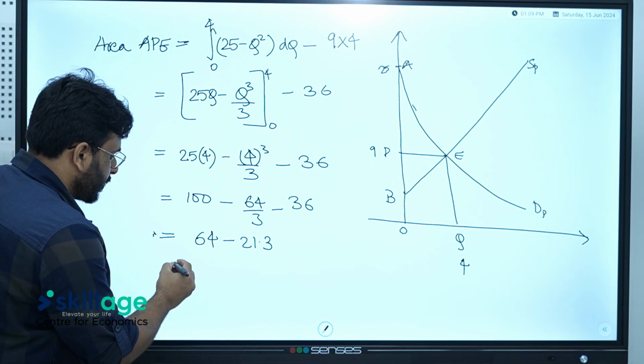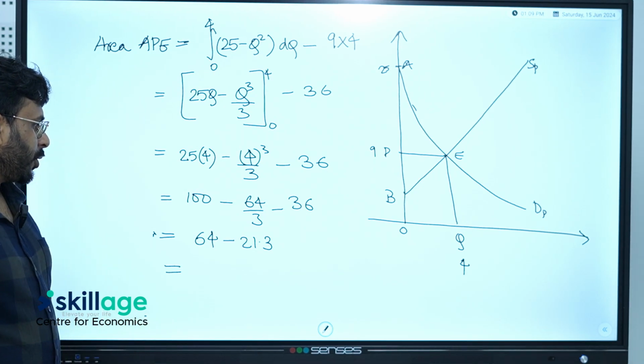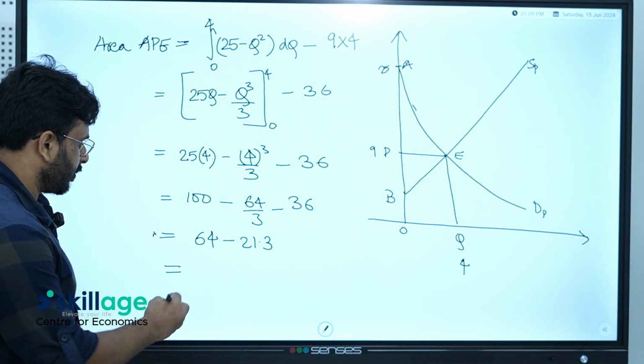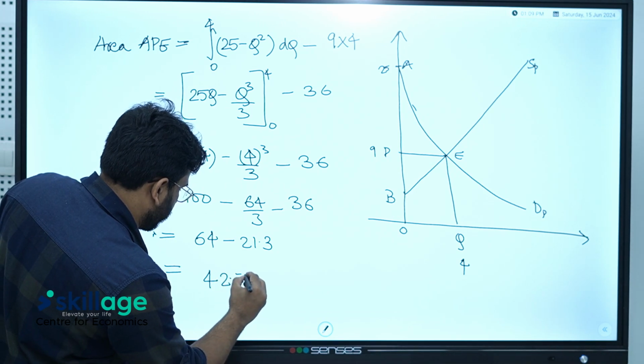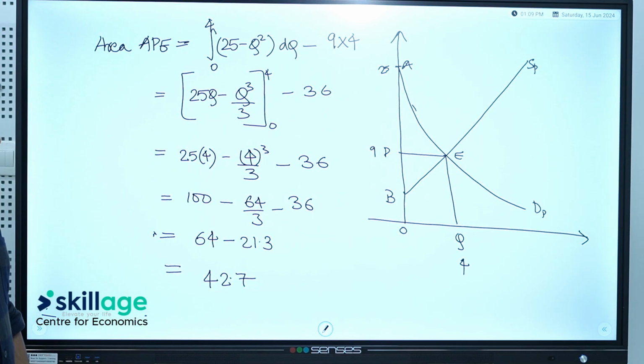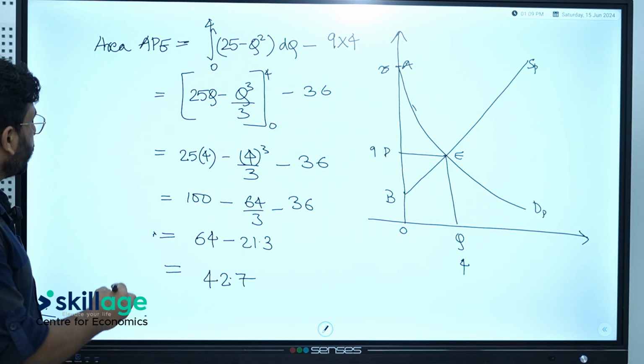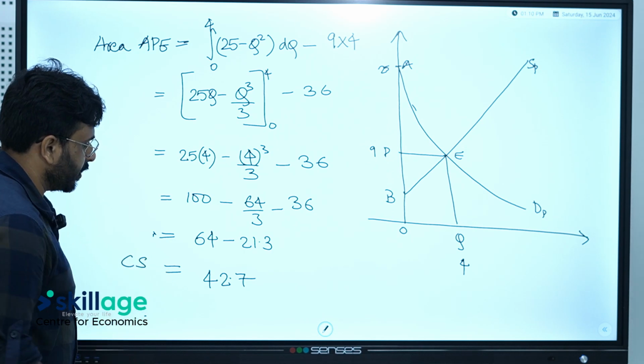If you solve for this, what you will get is 42.7. So that will be your consumer surplus.